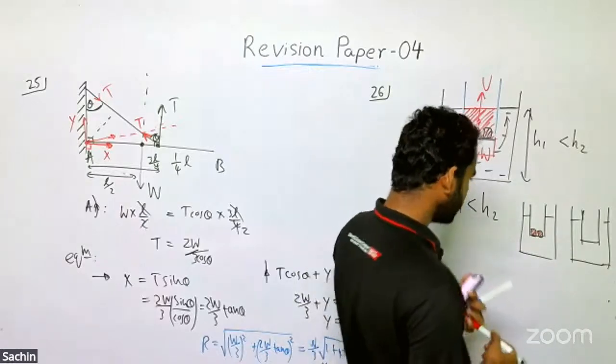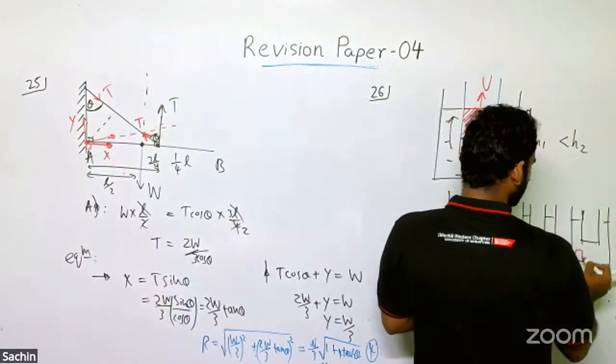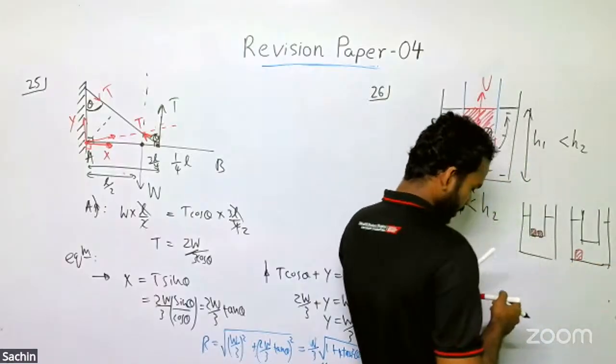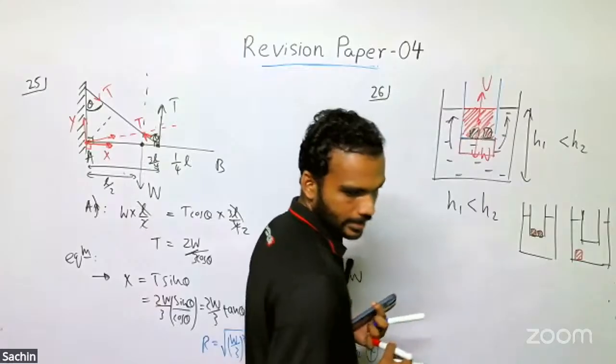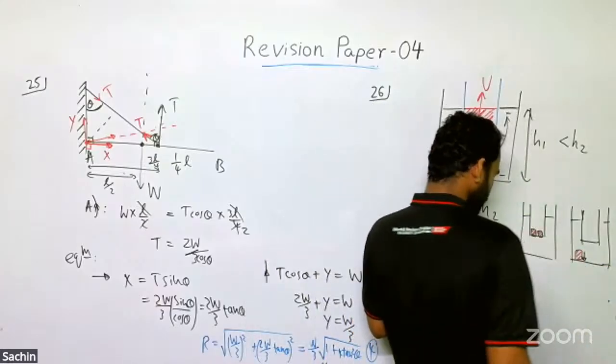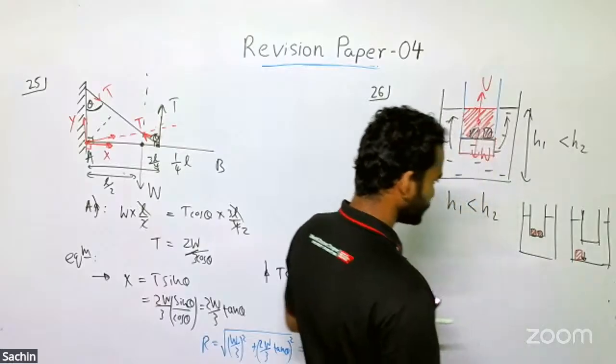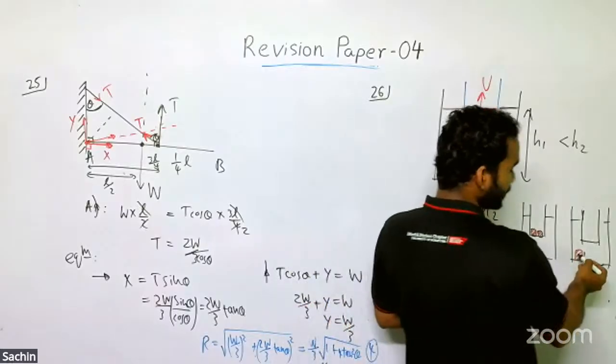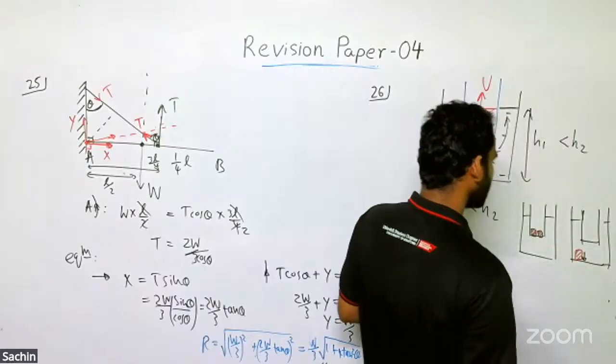But in the third one, you can clearly see that this object A is fully immersed and just rests on the bottom of this outer vessel. That means this is a denser material.